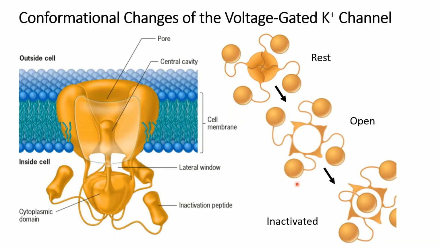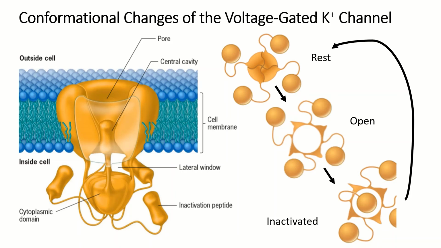They will move over the opening like this, sort of a person moving his or her palm onto his or her mouth to stop him or her from speaking. And so, the passage of the potassium ions will be stopped automatically in the inactivated form of the channel.